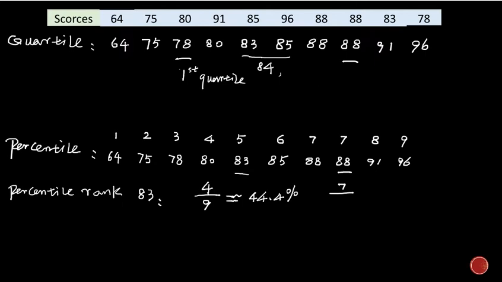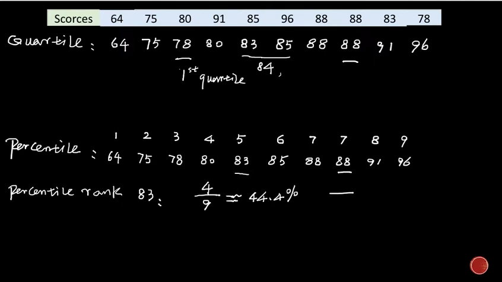Stop. Do we have 7 or 6? Because these two values are the same, we actually only have 6 data that fall below this value 88.